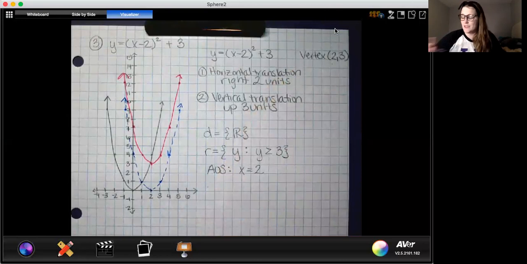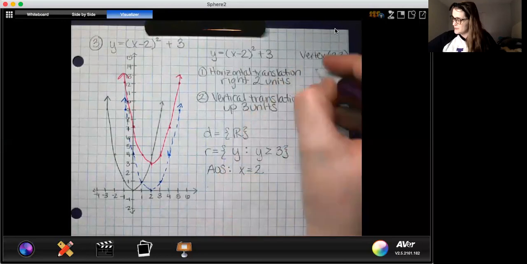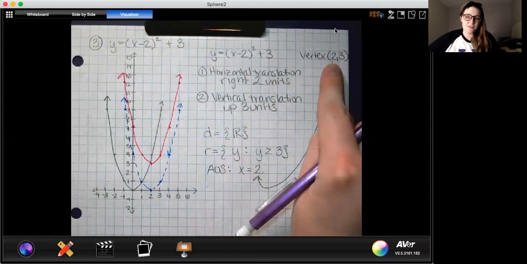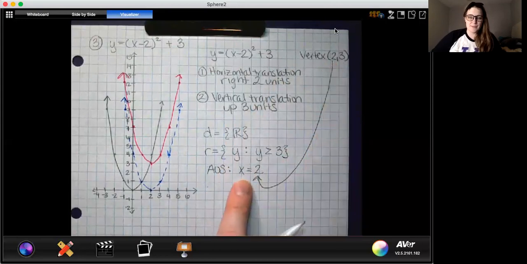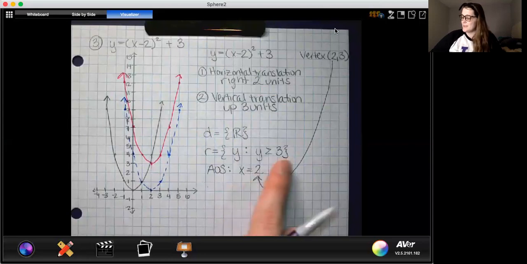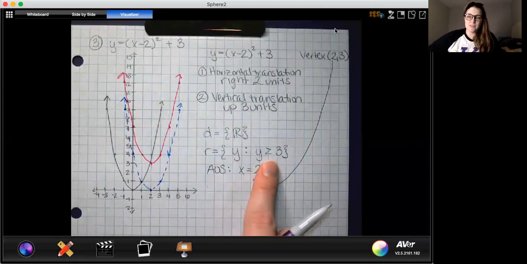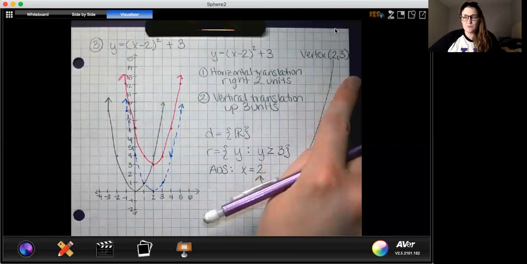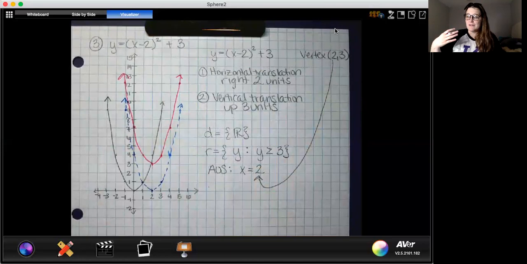Hopefully you notice that your axis of symmetry, which we've talked about before, this number stems from your vertex x value. So whatever the x value of your vertex is, that's the same x value for your axis of symmetry. And now something you may not have noticed, or something that would be newly noticed from this lesson, is that your range restriction is going to be based on the y value of your vertex, because that point will indicate if you are going above or below that point.